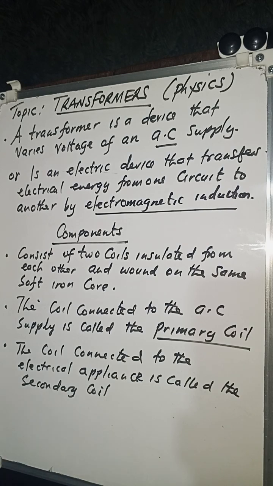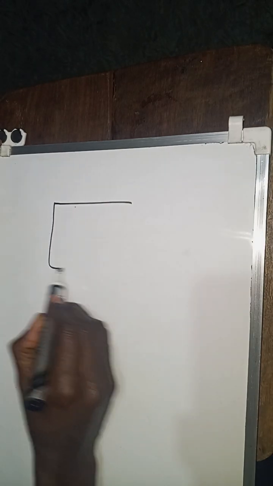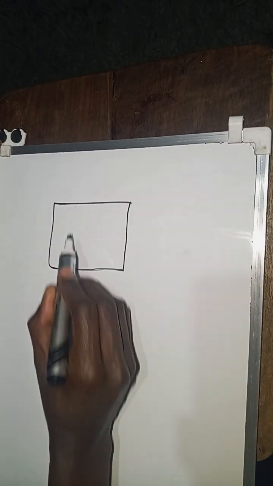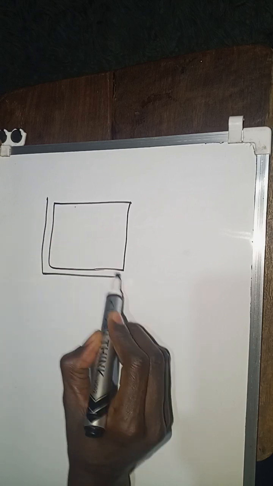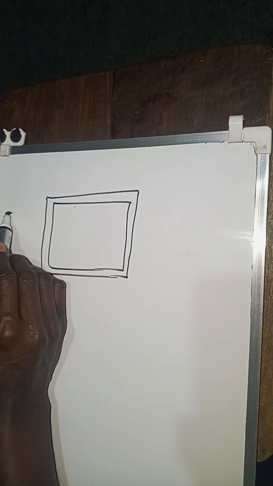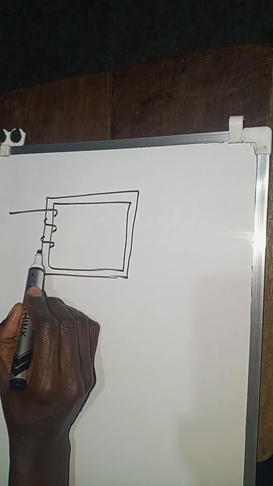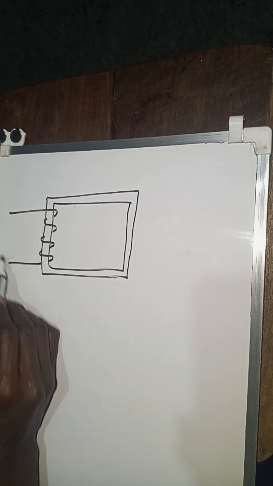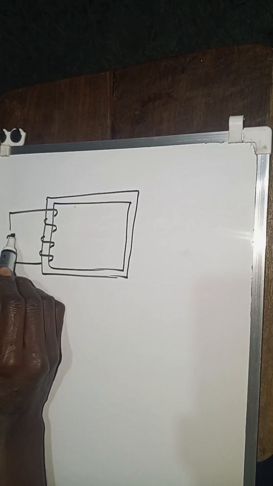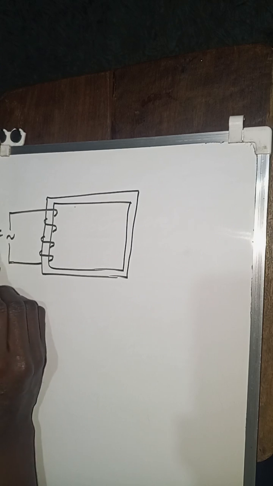So in simple terms, if we were to draw a simple transformer, it would look something like this. So you have what we are calling the soft iron core. So this is the coil that is connected to the AC supply, this is what we are calling the AC supply.